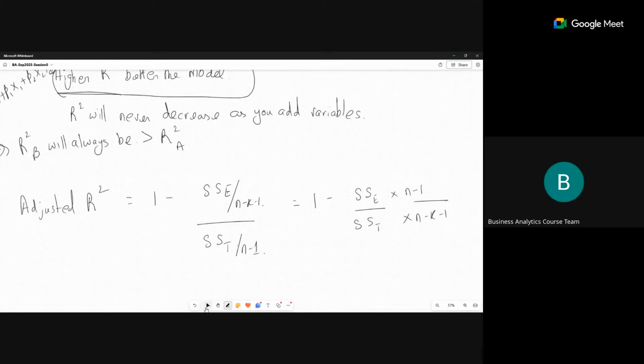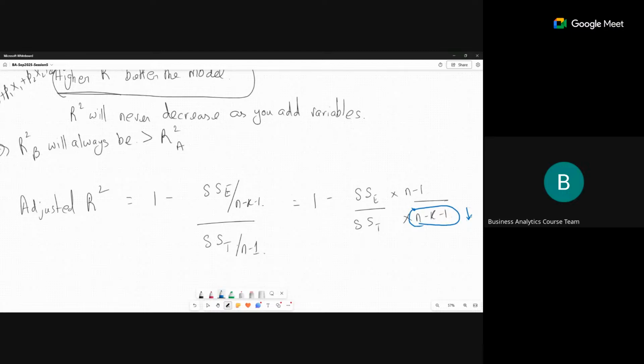So what have I done? I have basically penalized my model for adding more variables. So the denominator will decrease, correct? N minus k minus 1 is even lower.